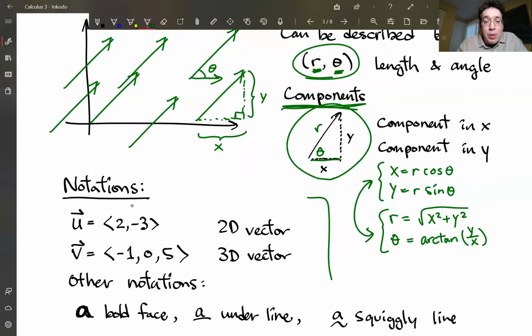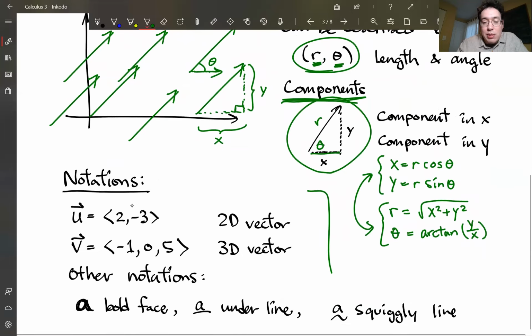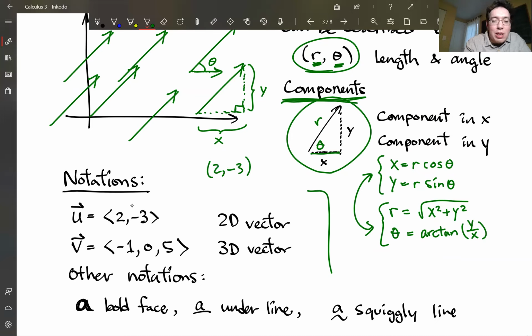All right. So we could talk about vectors in 2 dimensions, 3 dimensions. To distinguish it from talking about a point in space that has a particular address of x, y, and z component, remember that a vector could be placed anywhere. So to distinguish a point like (2, -3) from a vector that has components 2 and -3, you could write it this way, right?